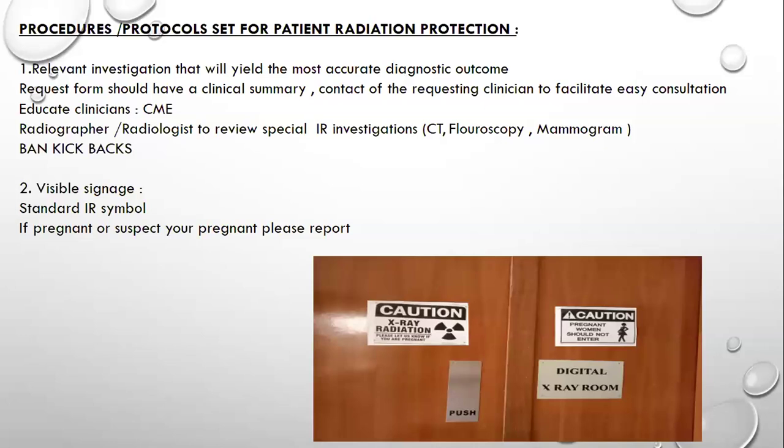It's important also to get the contact of the requesting clinician, in cases where the radiographer feels that the imaging that has been requested is not relevant, so it's easy for them to call and have direct consultation and discussion with the referring clinician.